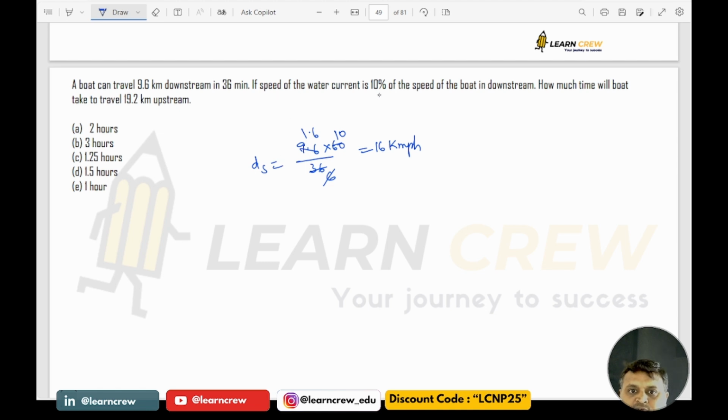If the speed of the water current is 10% of the downstream speed of the boat, then the speed of the current is 1.6 km per hour.